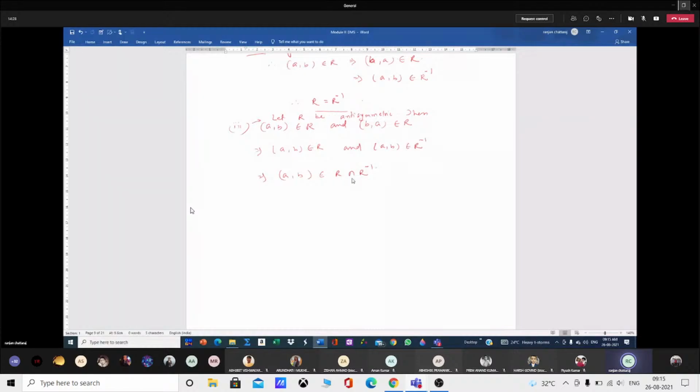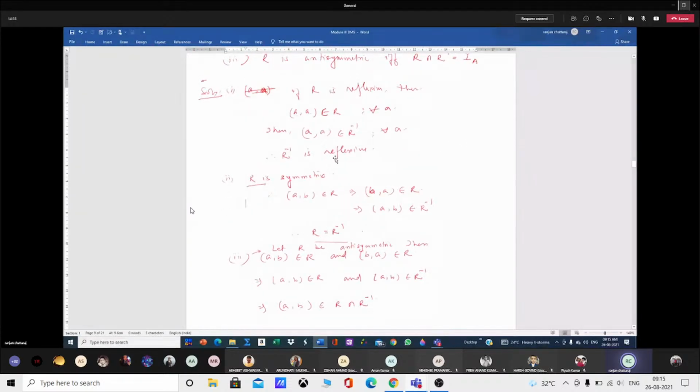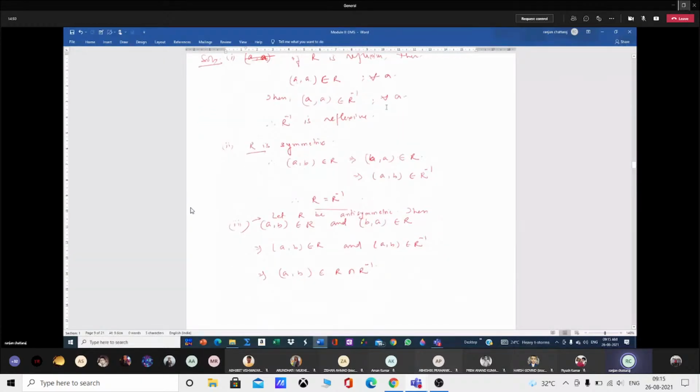So what does it say? For anti-symmetric, if this is equal to this... no, this is the second part. We don't write this one.